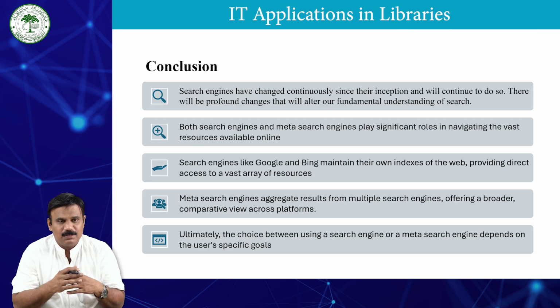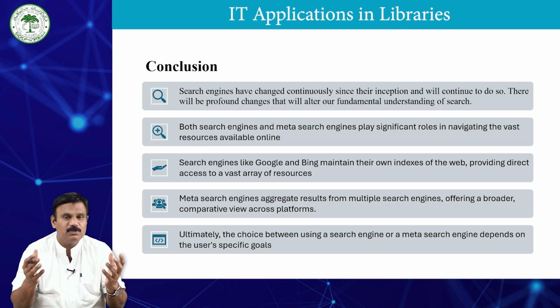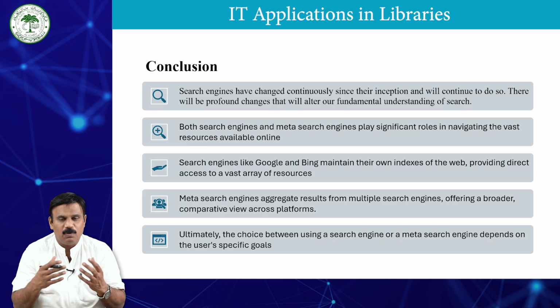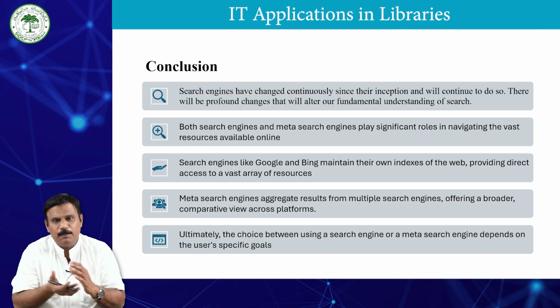On the other hand, a meta search engine aggregates results from multiple search engines, offering a broader comparative view across the platforms. They are particularly valuable for users who want a wider range of perspectives or need to explore results that might not appear on a single search engine.